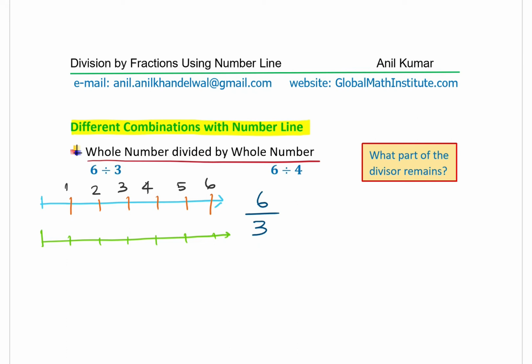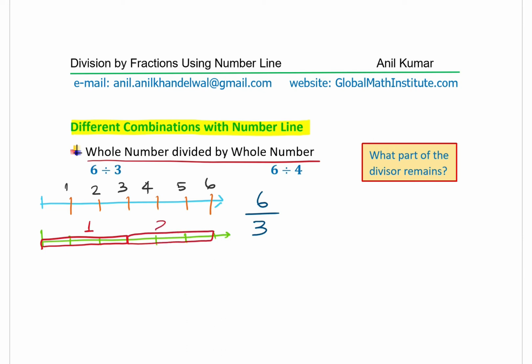So when we are dividing by 3, we have to basically group into 3's. So we have 6 divided by 3. That means this is first group of 3. And how many groups can we form? So we can make one group, and we can also make another group.